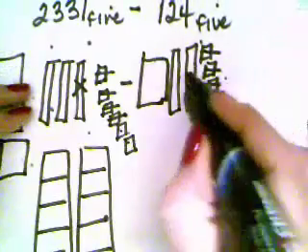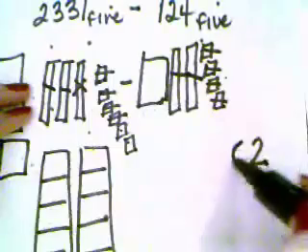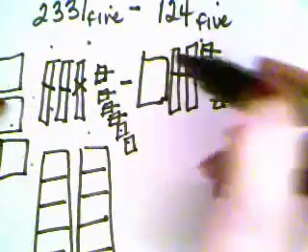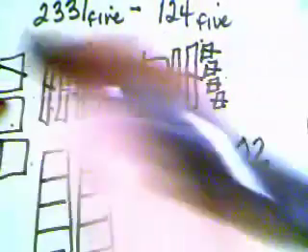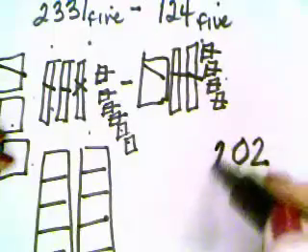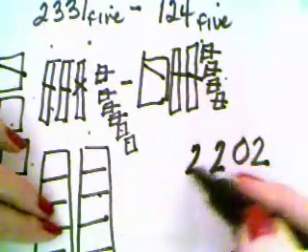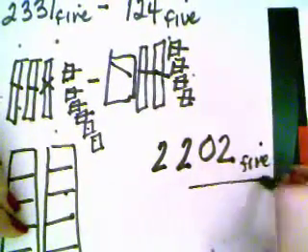I can take 2 longs away from 2 longs, and I have no longs left. And I can take 1 flat away from 3 flats, and I have 2 flats left, and I have 2 long flats left, and that is base 5.